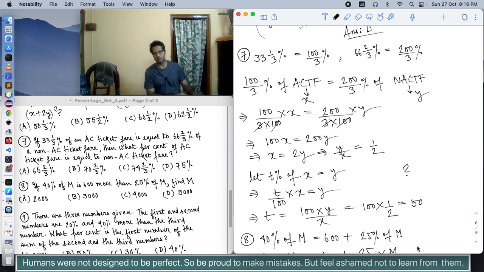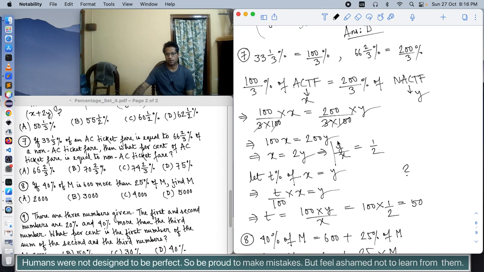From this we can say that x is equal to 2y, because we can divide both the sides by 100, and we will get x is equal to 2y. So from here we get y by x is equal to 1 by 2.